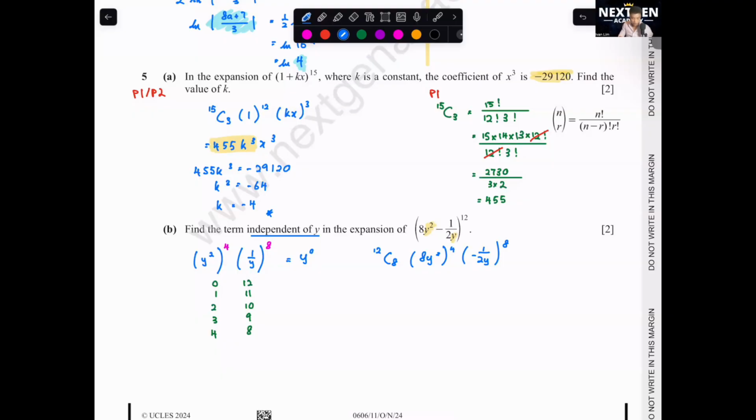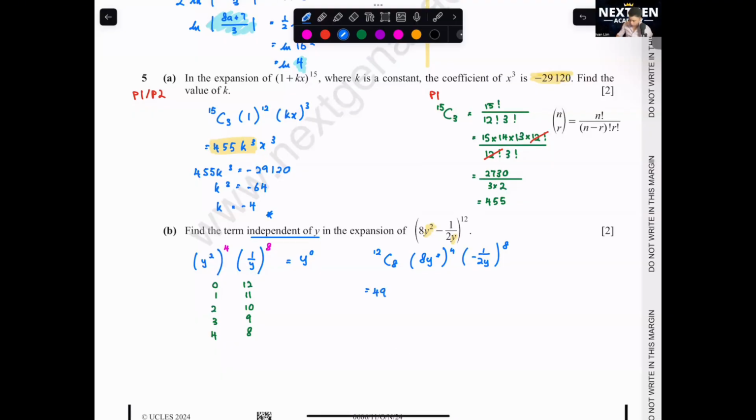This will be 495, 8 power 4, 4096, y to the 8. Then this one, 2 power 8, will be 1 over 256 y power 8. Okay, 495 times 4096 divided by 256, we will get 720 here.